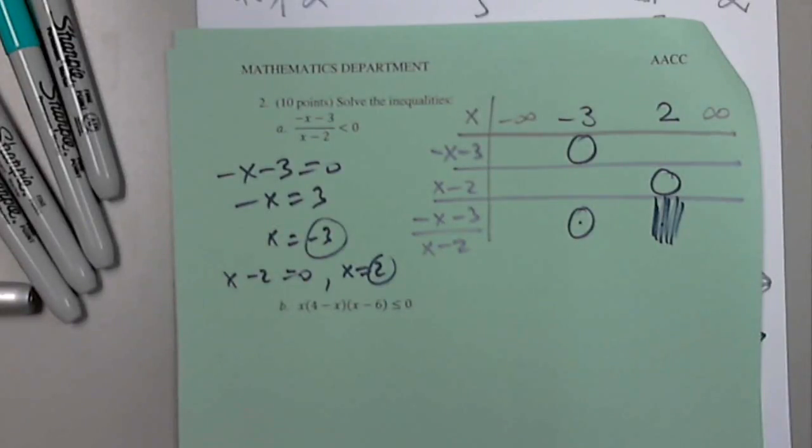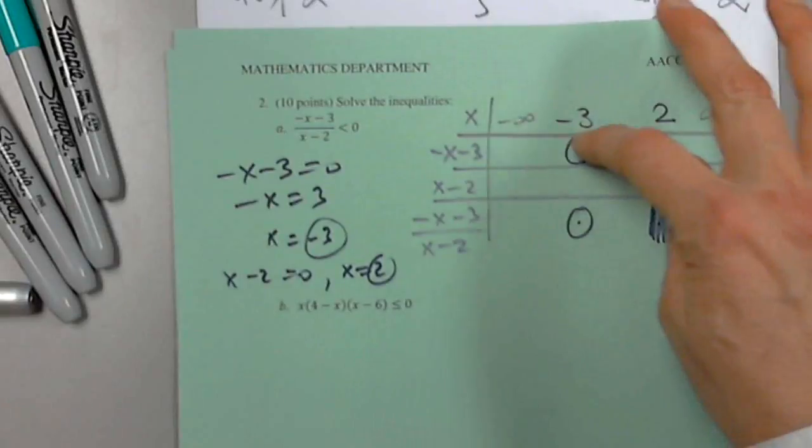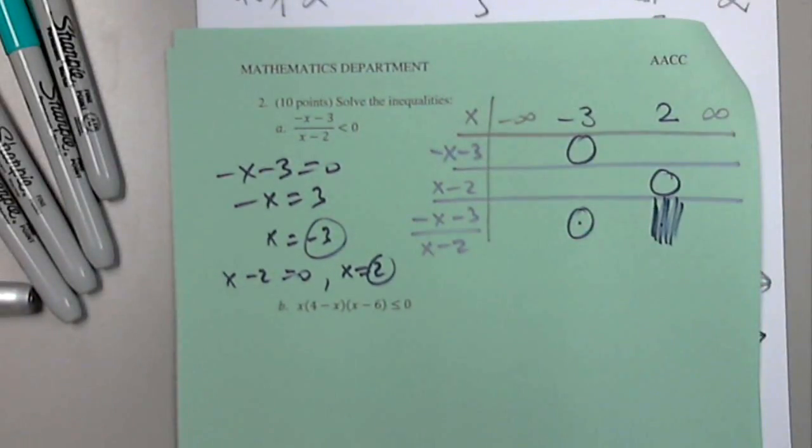Now we're almost done, but we have to study the sign of this and the sign of this. So what would be the sequence of signs for the top one? Exactly. Why? Because the leading coefficient is negative. Because it looks like this. Or if you want, the end behavior goes from positive infinity to negative infinity.